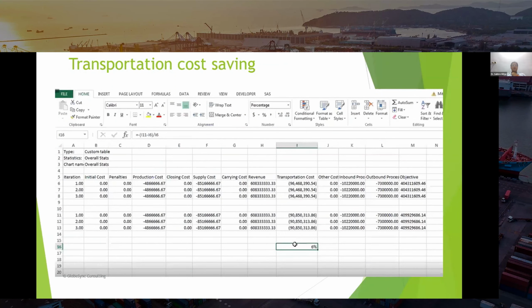This is one data which we extracted from the anyLogistix model which we ran, and we showed them what was the cost saving. There was a transportation cost saving of 6%. Well, it is a huge saving if that can be achieved. Millions of dollars, because so much of transportation cost is involved in moving the crop freight from the farm to the elevators.